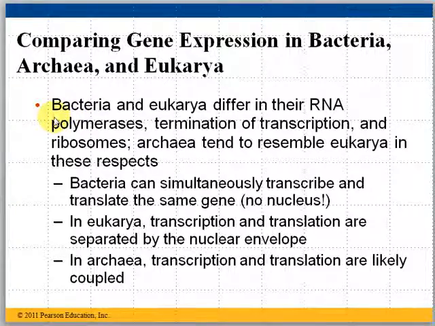But in eukaryotes, there's a lot of transformation of the messenger RNA. You have the end caps that are added, and you have the various introns that are cut out and things like that. And some of the ribosomes are a bit different between the bacteria and the eukarya. The archaea tend to resemble the eukarya in these respects. So the archaea seem to have more in common with the eukaryotic creatures than the bacteria, but they tend to sort of fall in the middle sometimes.